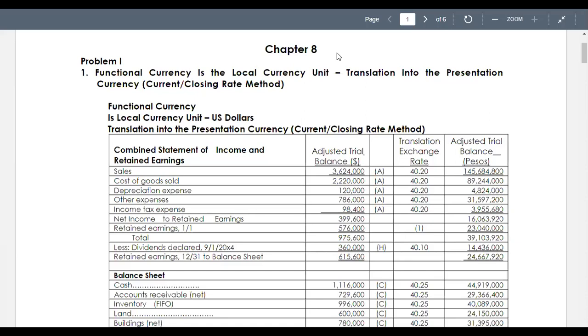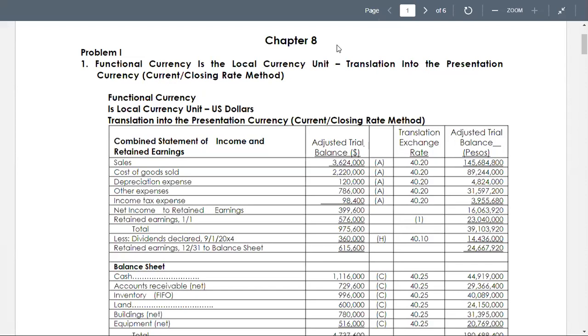Now, one item which is a component of your shareholders' equity normally will have an effect on your retained earnings. We have dividends. Dividends are translated using the exchange rate in effect when the dividend was declared. So usually it's the historical or the actual rate for dividends, which used to be declared or sometimes declared and paid.